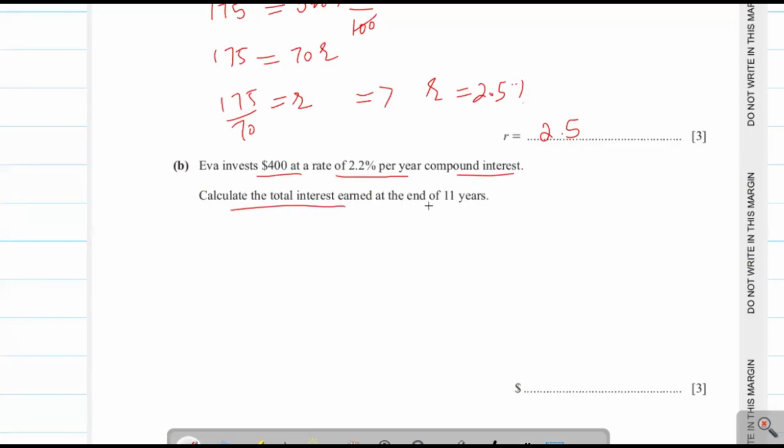Calculate the total interest earned at the end of 11 years. To calculate the total interest at the end of 11 years, firstly we will calculate the amount after 11 years.